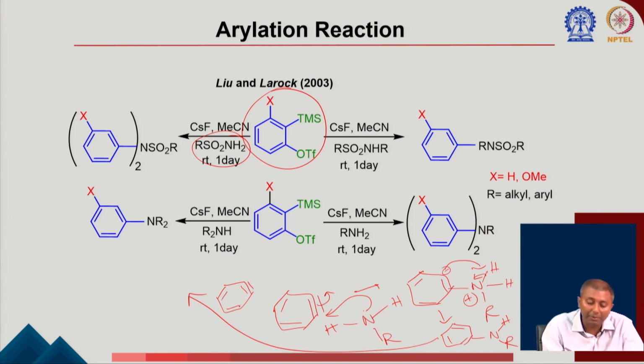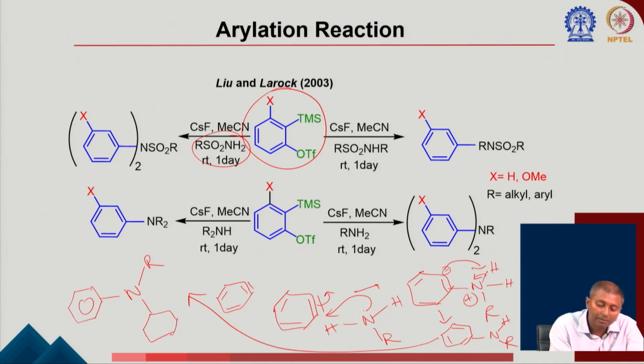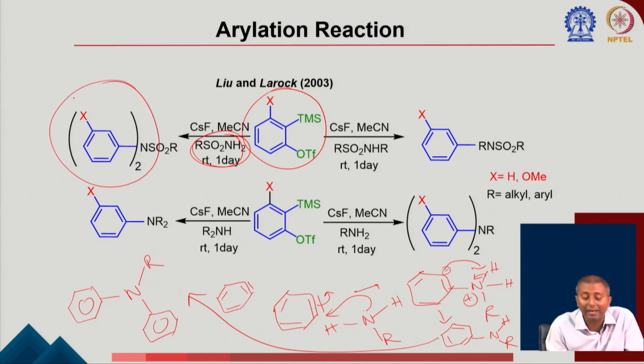So at the end, what is happening? You end up forming a tertiary amine, and you have two aryl rings here. So you can see, if you started with this type of primary amine, you end up making a product where you have two different aryl rings attached.